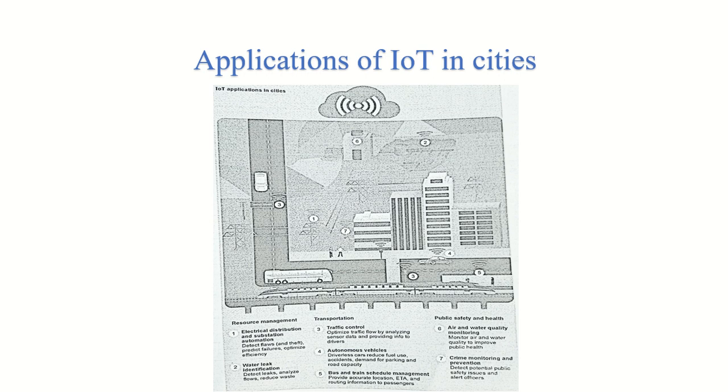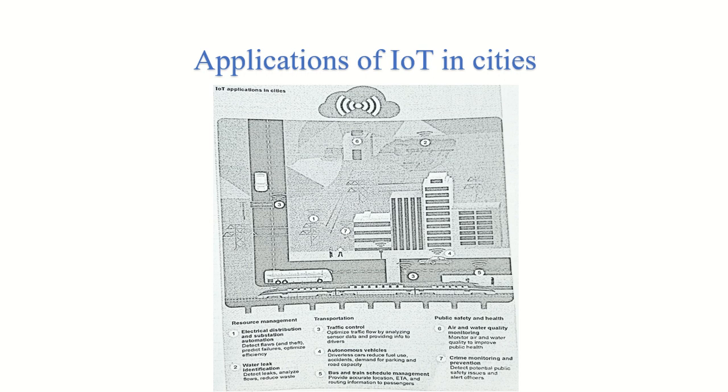So these cities are experimenting with IoT applications in order to provide services, solve traffic congestion, conserve water, conserve energy, and even improve the quality of life in that particular city.